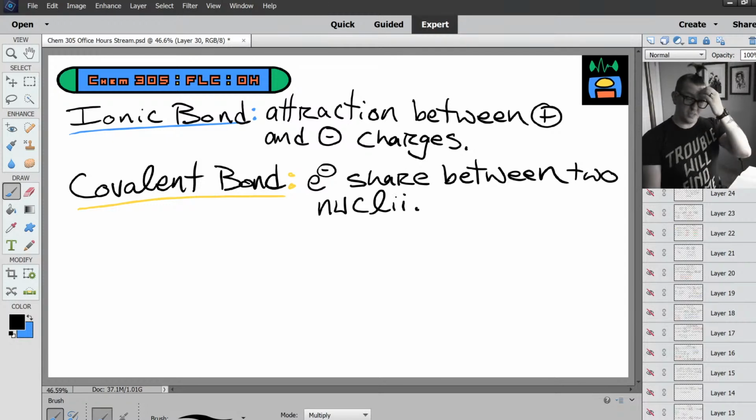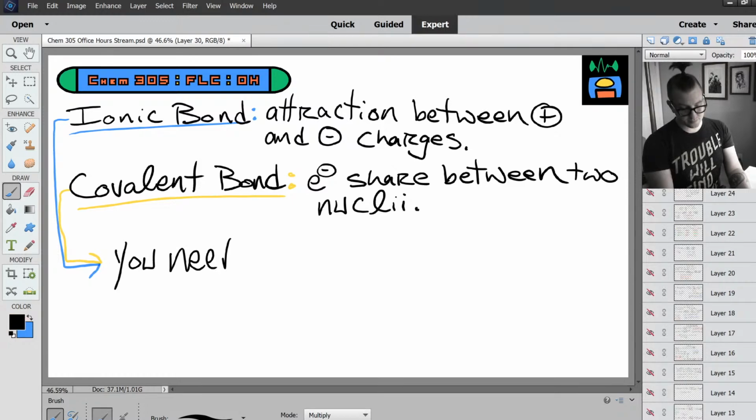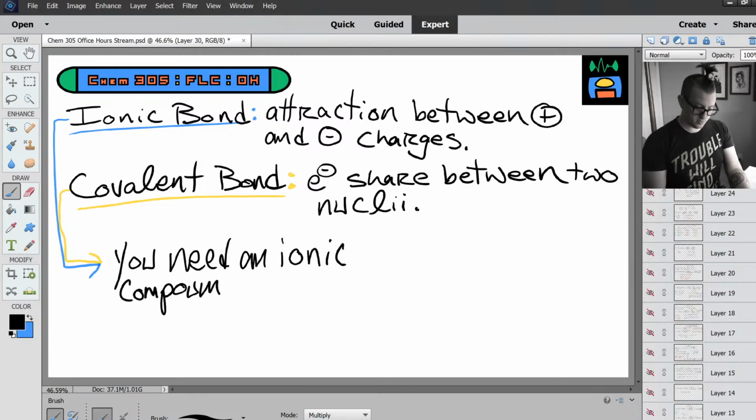All right. Now, there's only one way to get both of these present in the same molecule. To have both an ionic and covalent bond, you need an ionic compound with a polyatomic ion.